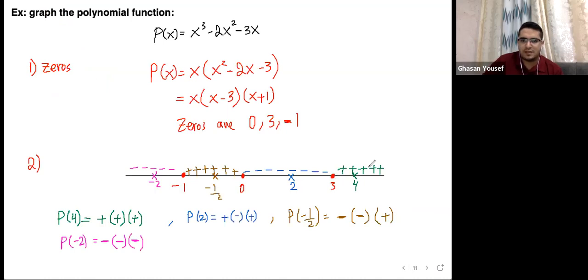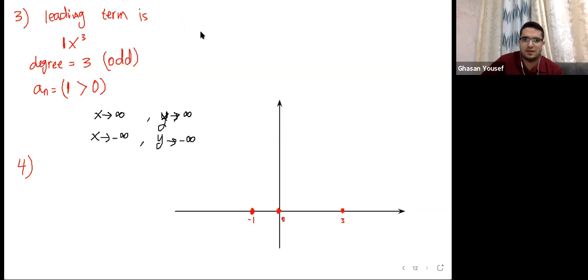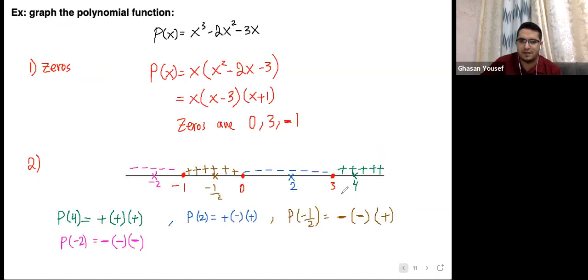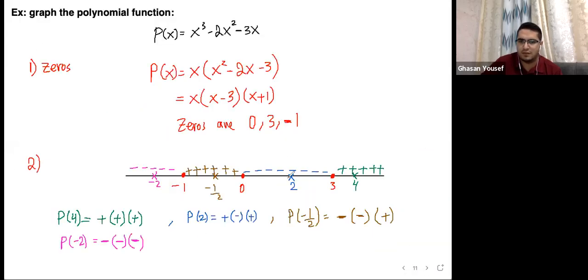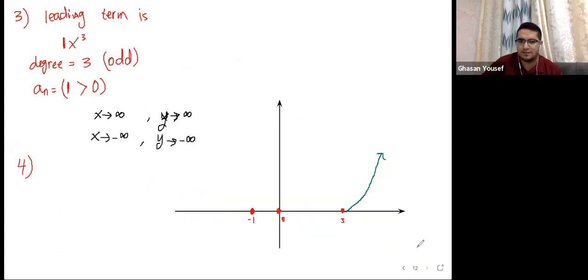So greater than 3 is positive, so it should be something like this. Here is the green line, positive, above the x-axis. Now negative between 0 and 3, below the x-axis.